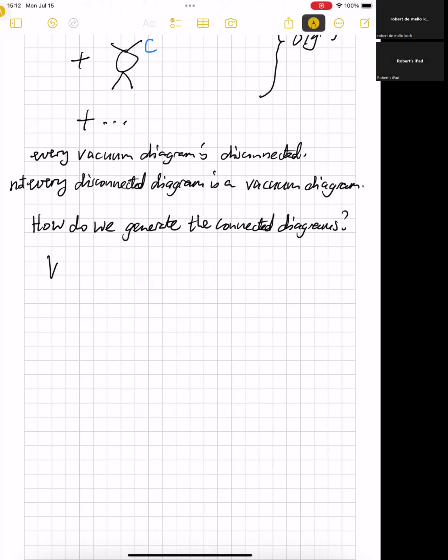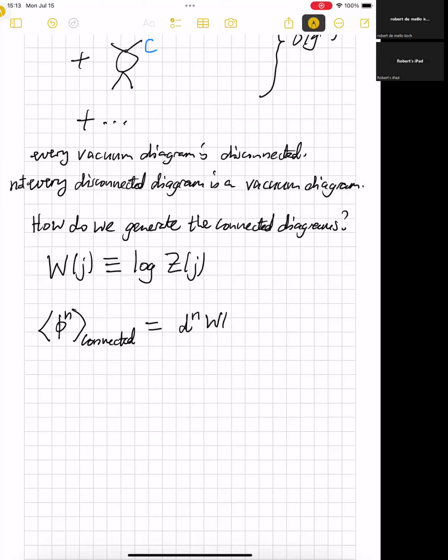So introduce a new function, W of J. And W of J, by definition, is the log of Z of J. Then, if you wanted to calculate phi to the n, the connected piece, well, this would be equal to n derivatives of W of J with respect to J evaluated at J equal to 0.